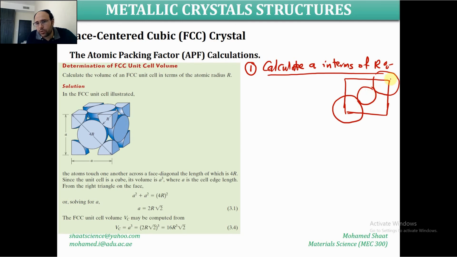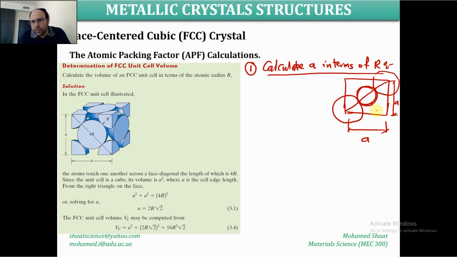All of these 3 atoms should be of the same size. Since I'm using freehand sketching, my drawing is not accurate, but you should understand that all of them have the same radius. If you choose this diagonal, the hypotenuse of this triangular shape, this side should equal a, and this side also should equal a.